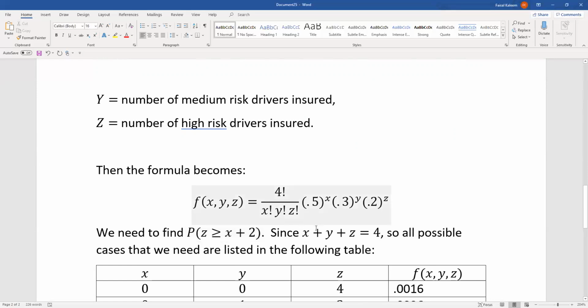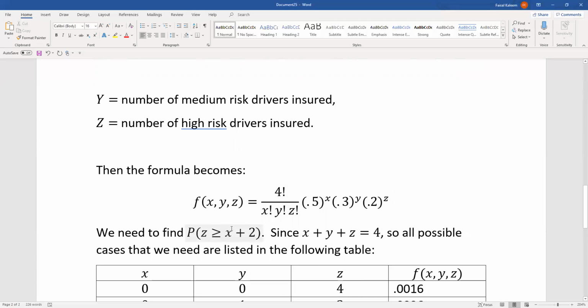Also, we need x plus y plus z to equal 4, because 4 is the total number of trials, and some of them will be x's, some y's, some z's. Combining these 2 conditions, we need x plus y plus z equals 4, and also z greater than or equal to x plus 2.